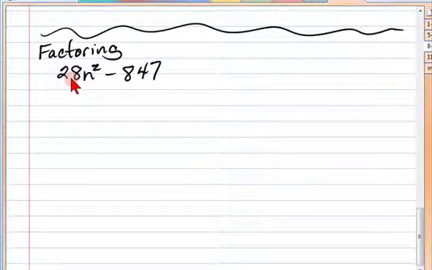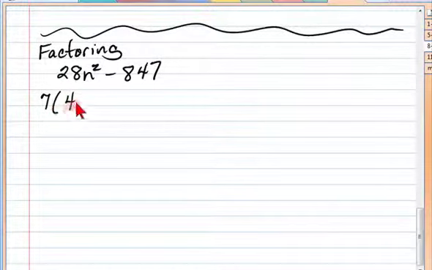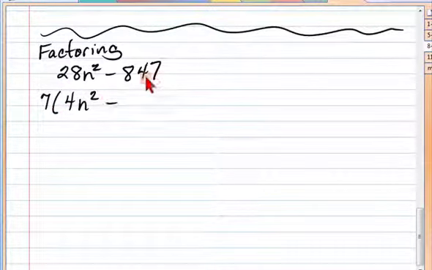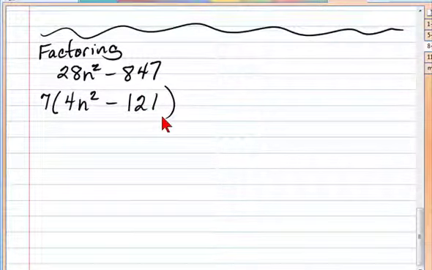Now here's something that might have been a clue. 28. It's not a perfect square. What are the common factors of 28? 4 and 7? 4 is a perfect square. I'd like to keep it, which means I'd like to factor out the 7. Check and see if 7 goes into that. It does. If I factor out the 7, 7 goes in there, 4n squared. And if I factor out the 7, I get 121. Well, is that binomial the difference of squares? Yes. Keep the 7.